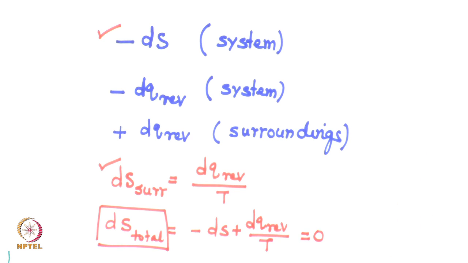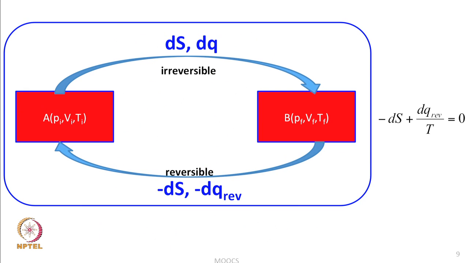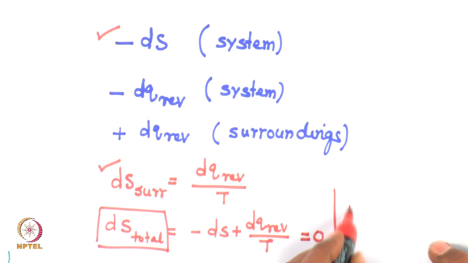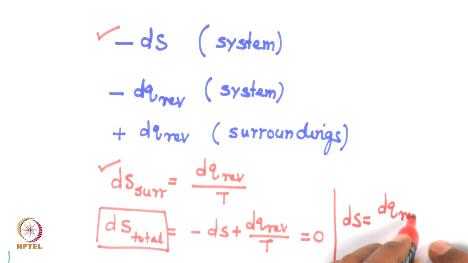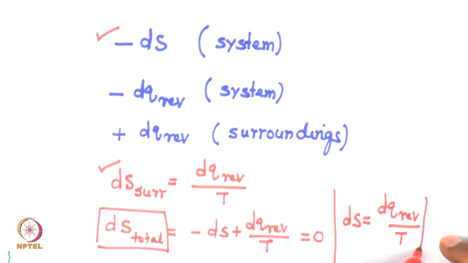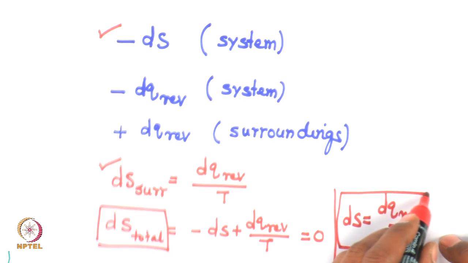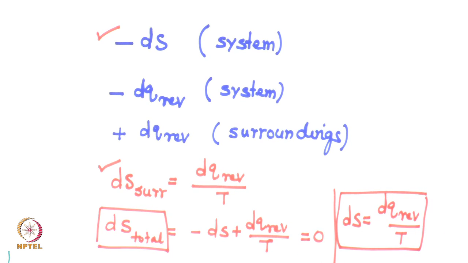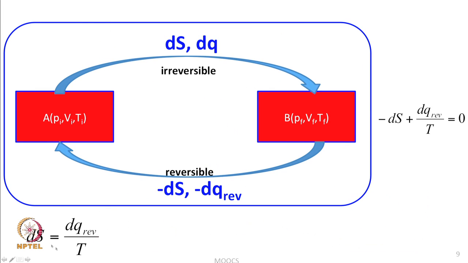Now, when you rearrange this, what you get is ds is equal to dq reversible by T. So, very important formula. ds is equal to dq reversible by T. Let us take a look at the slide.